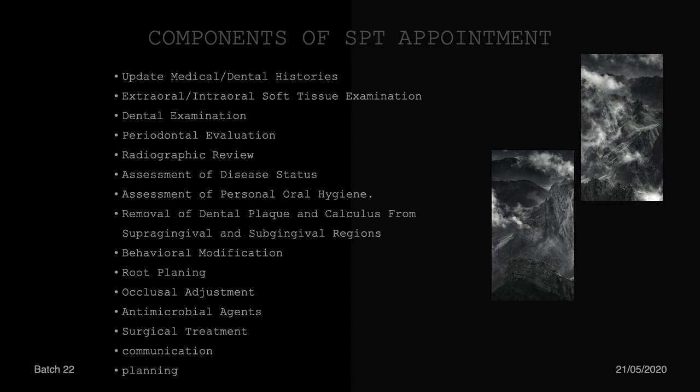That is what we are going to do in the examination part, including changes in the medical histories, any changes in the extraoral or intraoral soft tissues, in the dentition, in the periodontal values, in radiographs, assessment of the disease status and assessment of the patient's personal oral hygiene. After we update all these histories and clinical examinations, we will do the treatment part, which is the second component of supportive periodontal therapy.